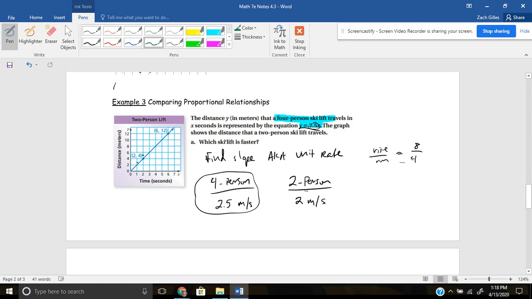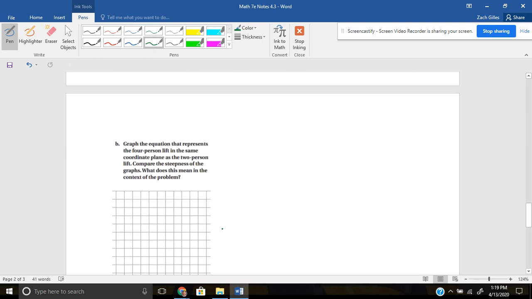Let me just kind of fill in for you. If you went to 4 seconds, maybe around the 10. So you can see it's slowly, gradually getting a little bit further away from the line. It's going to be a little bit steeper than the 2-person ski lift. And what does that mean in the context of the problem?